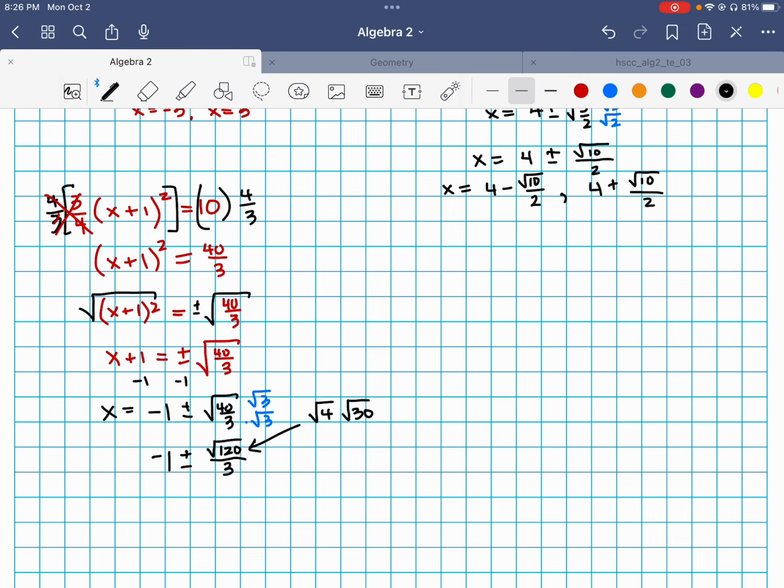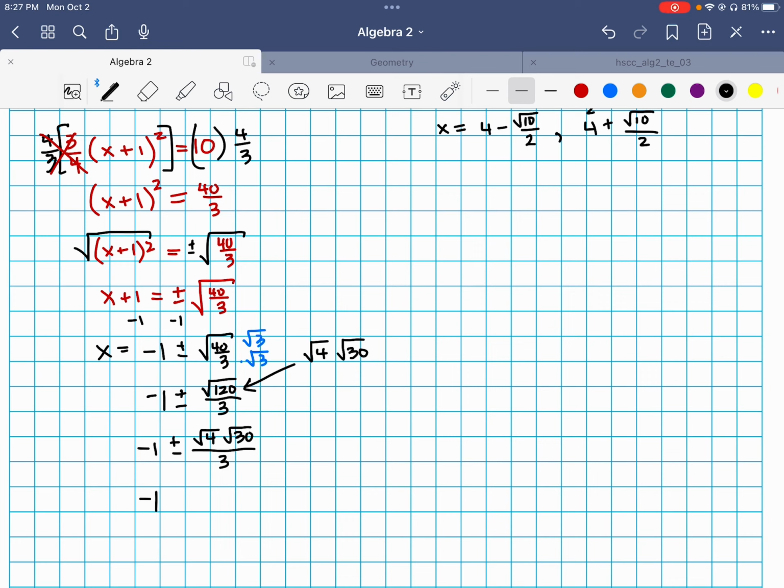So I can simplify this even a little bit more. I'm going to get negative 1 plus or minus the square root of 4 times the square root of 30 over just the 3. Now, since the square root of 4 equals 2, I can write my answer as negative 1 plus or minus 2 square root of 30 over 3.